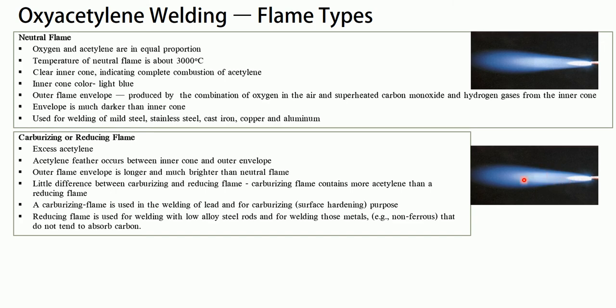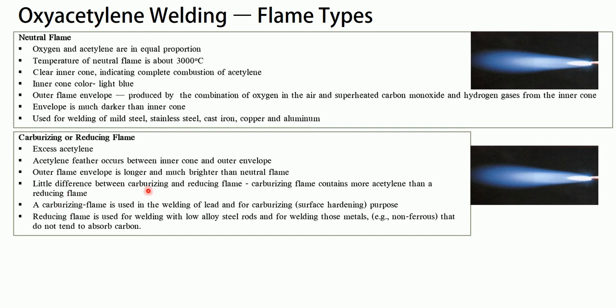So this one is the acetylene feather formed here. The outer flame envelope is longer and much brighter than the neutral flame. If we compare these two pictures, the carburizing or reducing flame has an outer envelope which is much longer than that of the neutral flame.